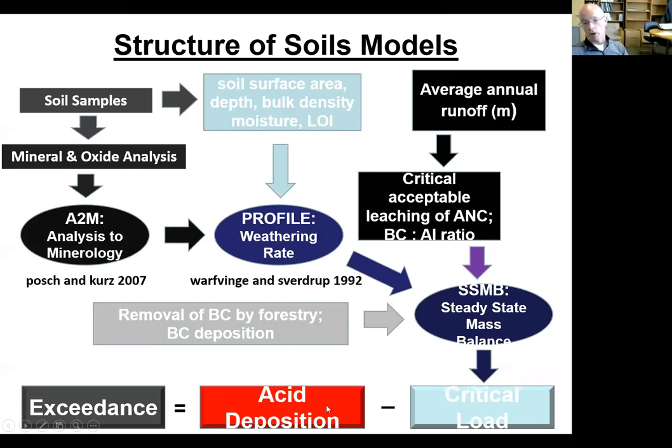You then compare the modeled deposition to the critical load, and if the acid deposition is higher than the critical load, that means you've got exceedance. So in this case, what we were doing is identifying exceedance, by how much the site would be exceeded, and how much of the valley was exceeded.